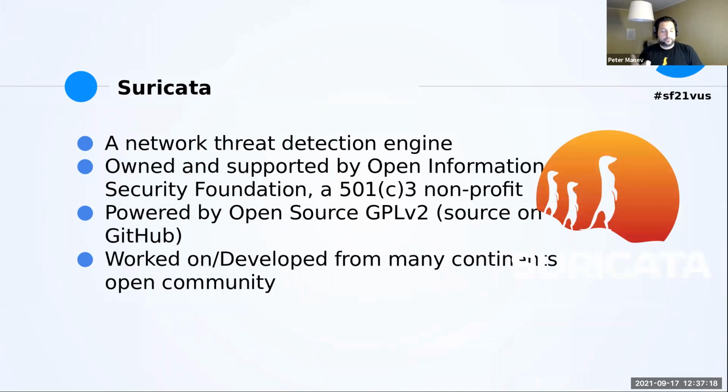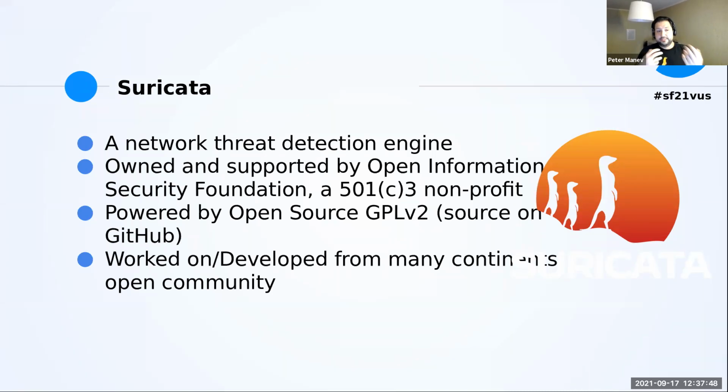Now, Suricata. You may or may not have heard about Suricata, but I just want to give you a hint. Suricata is widely used. Pretty much you name the top 10 or 20 of everything, search engines, banks, big organizations, Fortune 500s, and most of them are actually using Suricata in some way, shape, or form, even AWS.